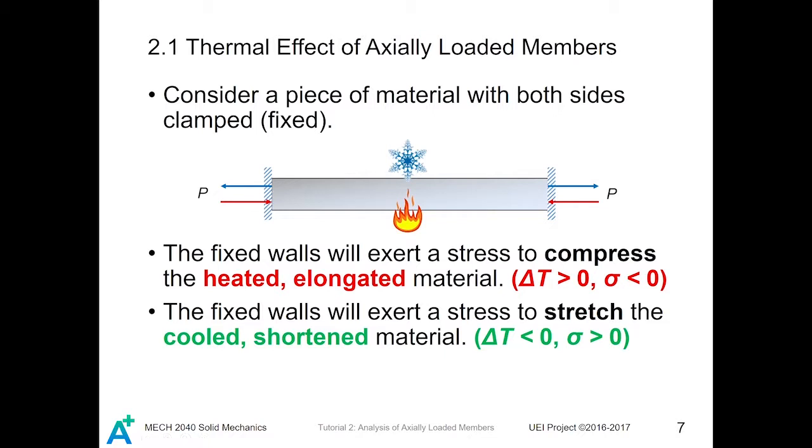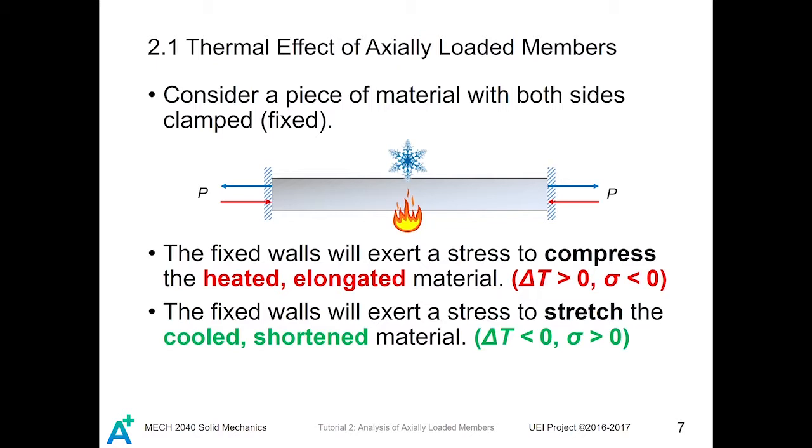Consider a piece of material with both sides clamped now. So instead of letting it expand or contract freely, we will fix both ends so that, I repeat, no matter how the temperature changes, there will be no change of length over the entire section.